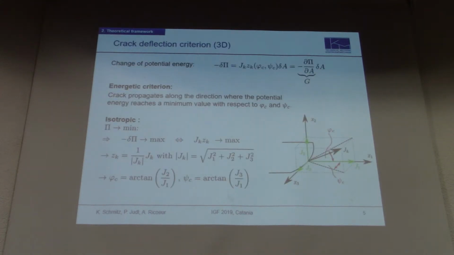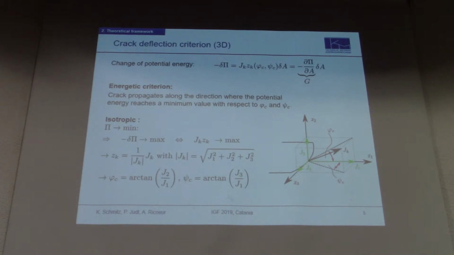Therefore, we need a crack deflection criterion for three-dimensional cases, and we assume that the crack propagates along the direction where the potential energy reaches a minimum value with respect to our crack deflection angles that we want to calculate. This means that the projection of the J integral vector on the crack propagation direction has to reach a maximum value.